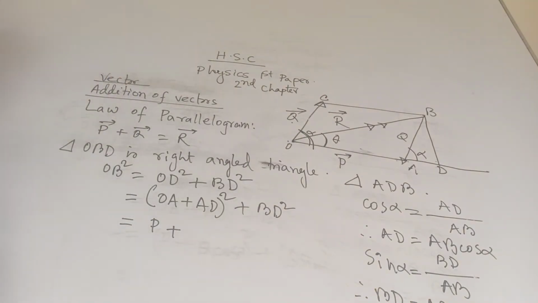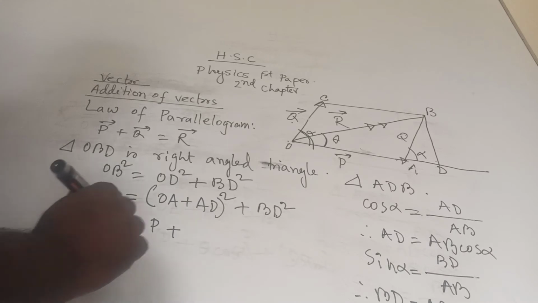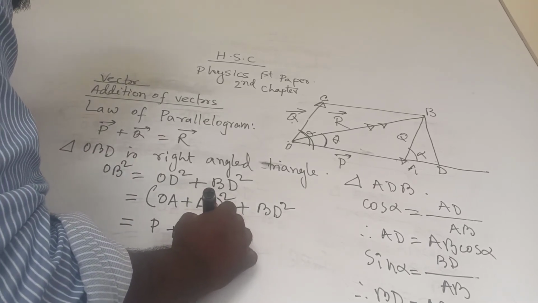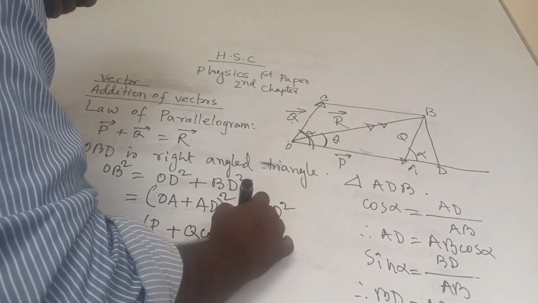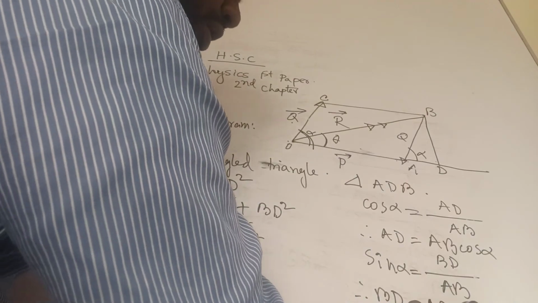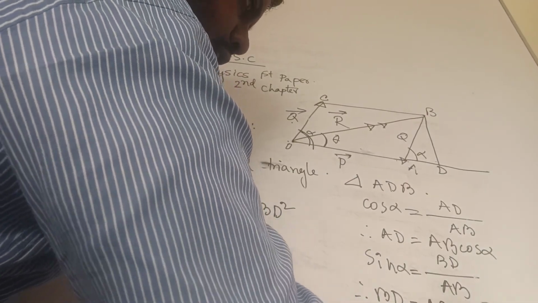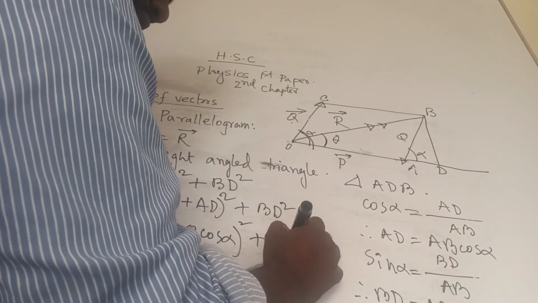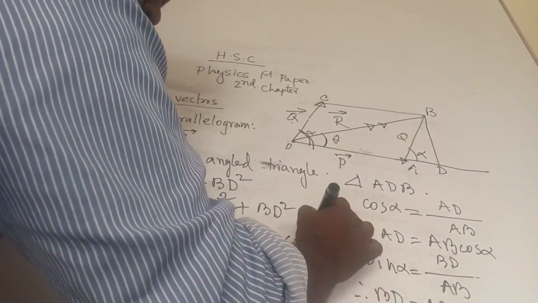So AD is equal to AB cos alpha, and AB is equal to Q. So we can write (Q cos alpha) whole square, plus BD is equal to AB sin alpha. AB is equal to what? Q. So this is Q sin alpha, so it is (Q sin alpha) whole square.